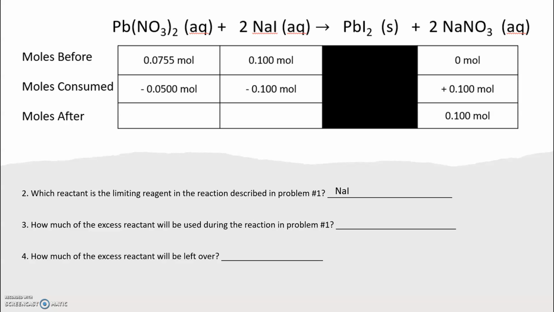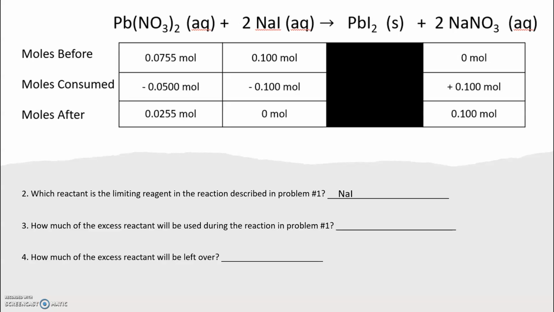Number 3, how much of the excess reactant will be used during the reaction in problem number 1? So we want to know how much of that reactant will be used. Well, we actually already know this amount because when we were determining the limiting reactant, we converted moles of NaI to moles of lead nitrate. And when we did that, we determined that 0.0500 moles of the lead nitrate will be consumed or used up during the reaction.